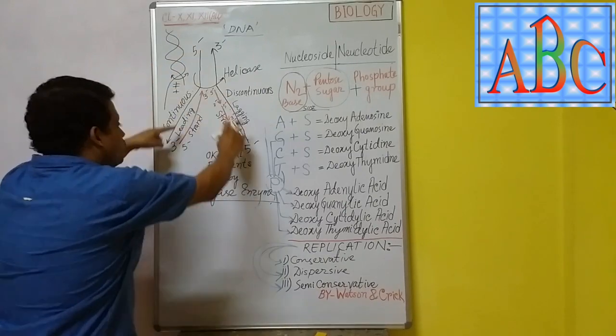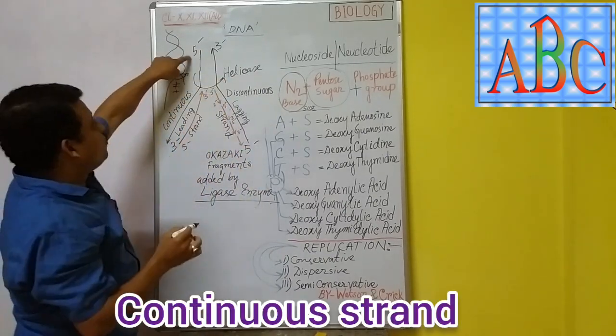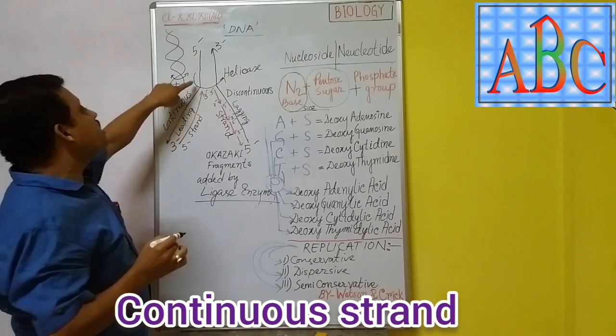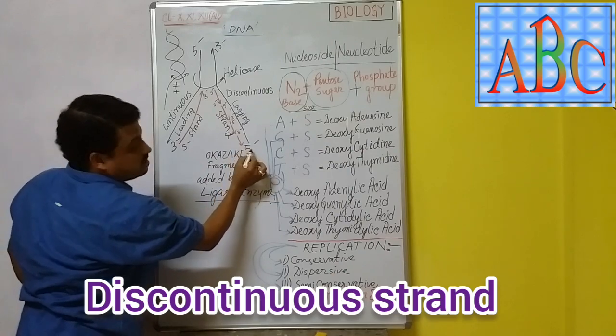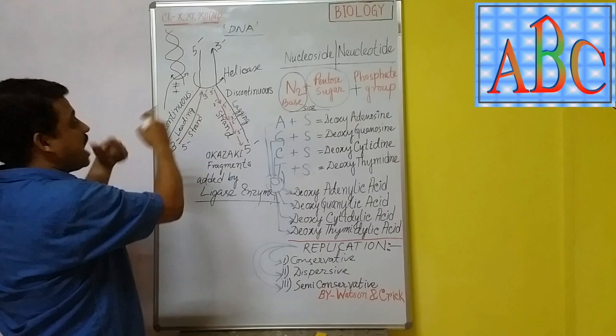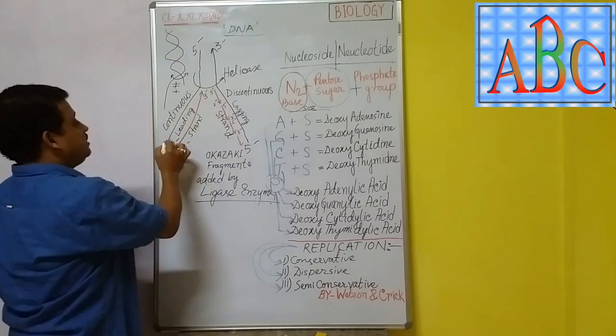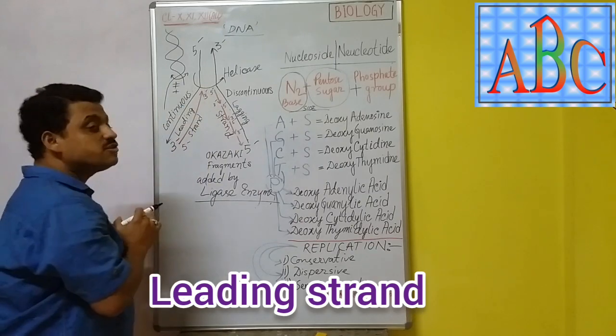So two different forks are formed, and one strand, from 5' to 3', is a continuous strand. Another is a discontinuous strand, which is anti-parallel. When a new strand is synthesized, this side forms a continuous new strand, which is called the leading strand.